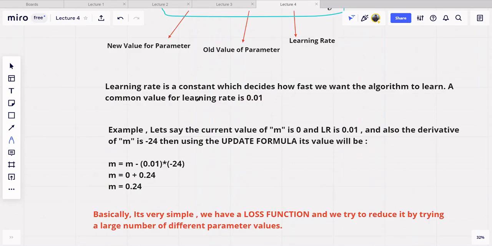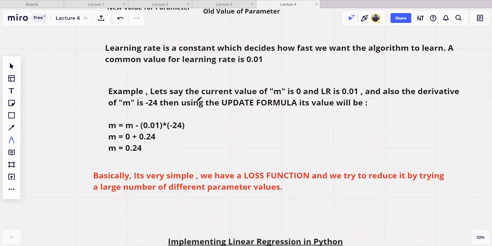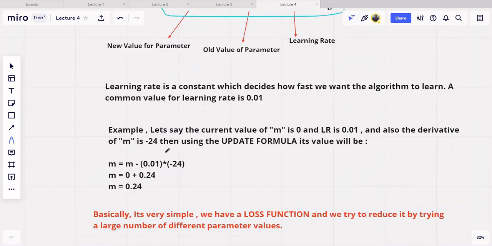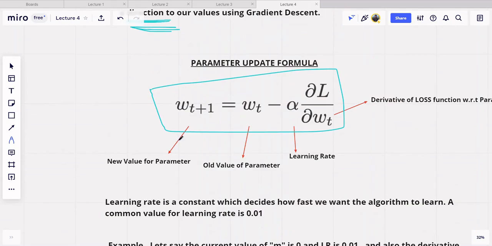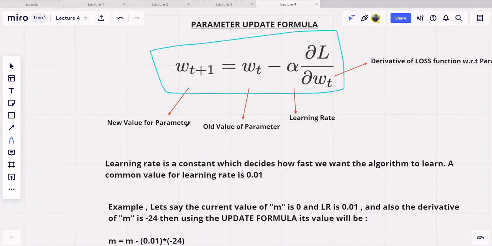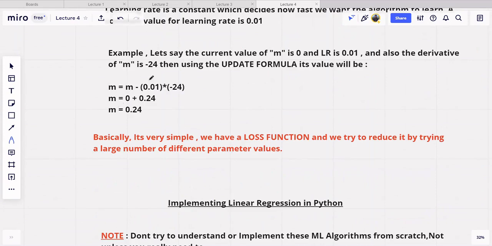Okay, now let's say that the value for our m is 0 and our learning rate is 0.01, and also that the derivative of the loss function with respect to m is minus 24. Now using this formula, if we calculate the new value of m, then the new value of m would be 0.24.